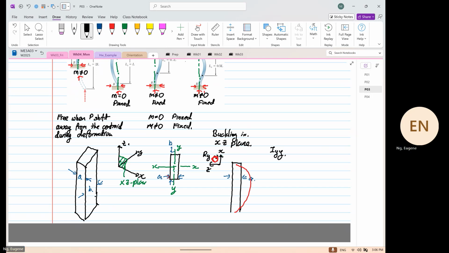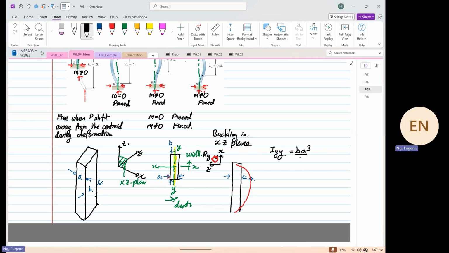So when you are going to use IYY, you are aware that this axis is the axis of interest now. And when that's your axis of interest, you immediately call this your what? Width. You immediately call this your what? Depth. From here, your width will be equal to what?